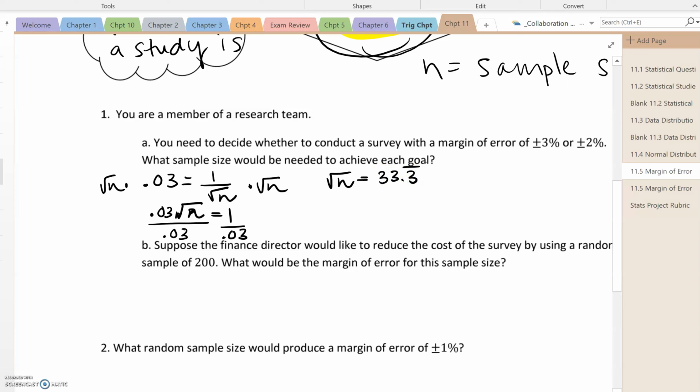But we don't want the square root of n, we just want n. So we need to square both sides. We're going to get that our sample size for us to achieve a 3% margin of error is 1,111 people.